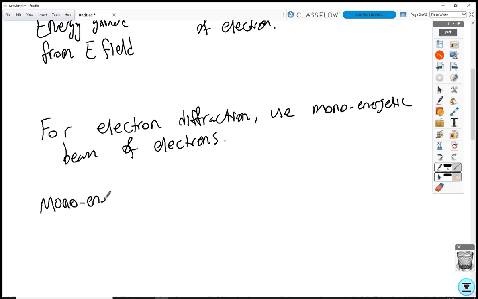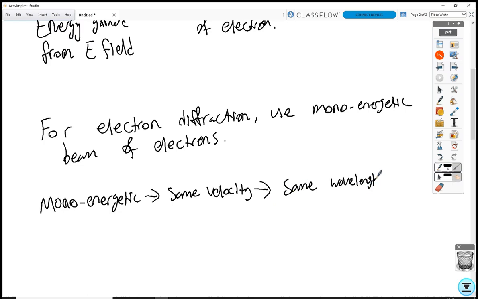Monoenergetic means that they have the same velocity, which in turn means the same wavelength. So that once they diffract, we end up with thin rings that are easy to measure, rather than having spread out rings that are difficult to then measure.